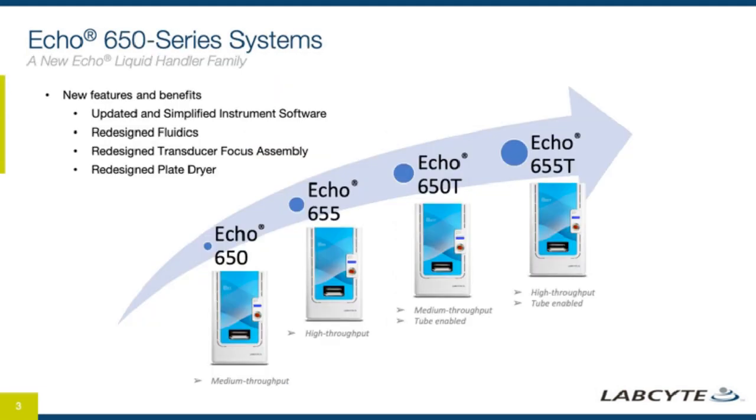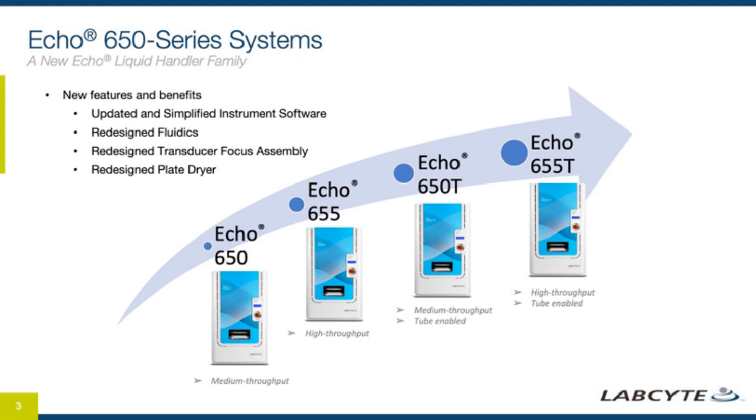Going to the next slide, we just wanted to quickly introduce that Labcyte this year has released some new instruments. They're the Echo 650 and 655, and they are very similar to the 550 and 555, but have been updated in various ways. We have new software, redesigned fluidics, redesigned transducer focus assemblies, and a redesigned plate dryer. The 650 and 655 are very comparable to the 550 and 555 in terms of 2.5 nanoliter increments of transfer.